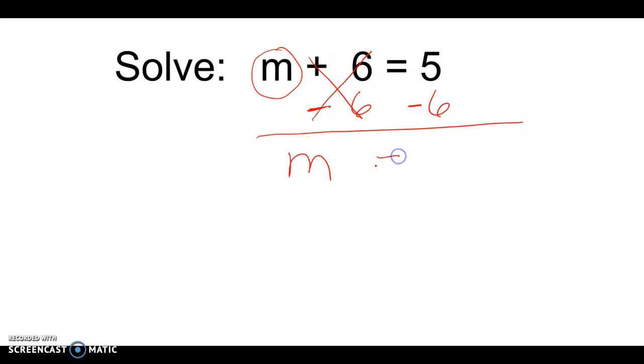I bring down my equal sign. And then 5 minus 6. So on the calculator, you hit 5, then you hit minus, and then you hit 6. 5 minus 6 is negative 1. So if you didn't get negative 1 on the calculator, you're hitting something wrong. So go back and see what you're doing wrong. 5 minus 6. All right, let's look at the next one.